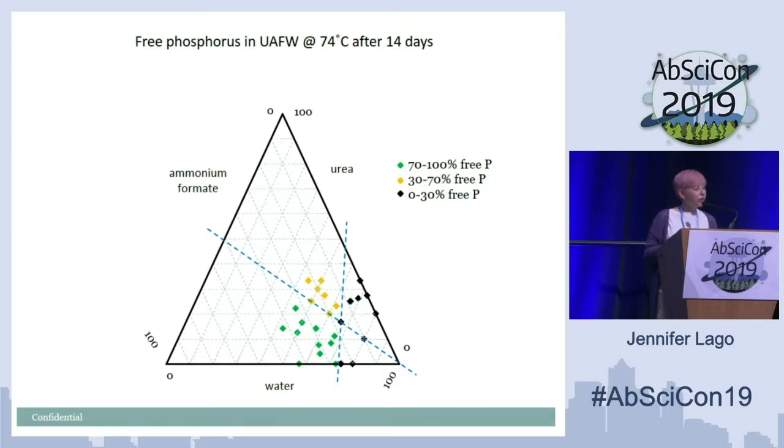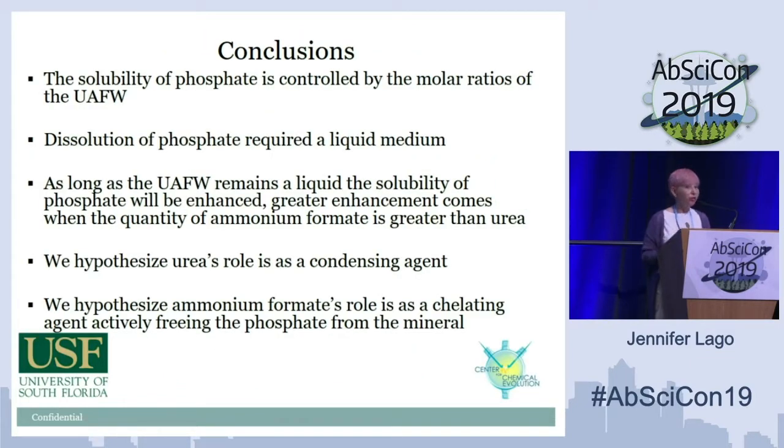There's a point at about 75% water, if you have more than that, you no longer have the solubility of this hydroxylapatite. But when you're talking about whether this system is robust, we can see that there's still quite a range of molar ratios that will solubilize your hydroxylapatite minerals.